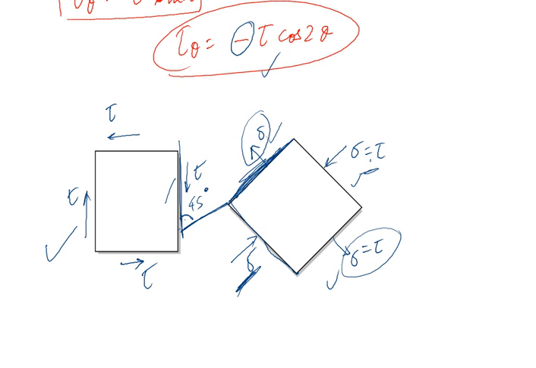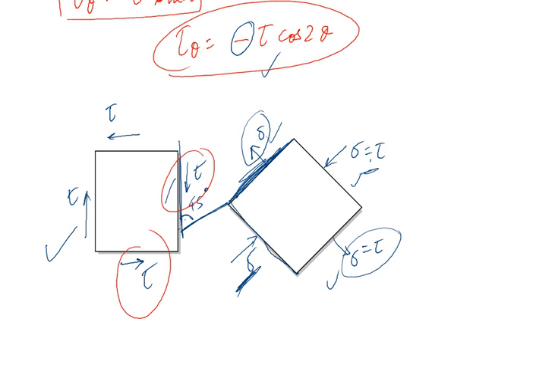So this means that at the point where you have a pure shear stress condition on two given planes, the action across the planes of an element taken at 45 degrees to the given planes is one of equal tension and compression.